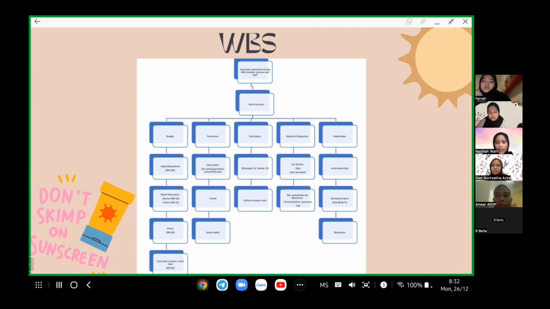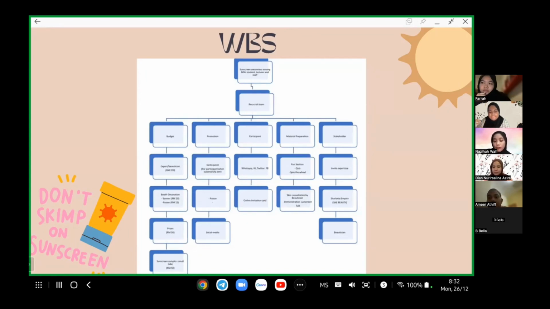For the budget, for the expert and our beautician, we use about 200 ringgit. For the booth decoration, for the banner we spend about 20 ringgit, and the poster is about 15 ringgit. The prizes are 30 ringgit. And the sunscreen samples and small tubes are around 50 ringgit.